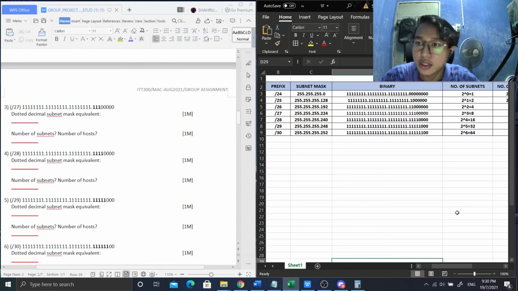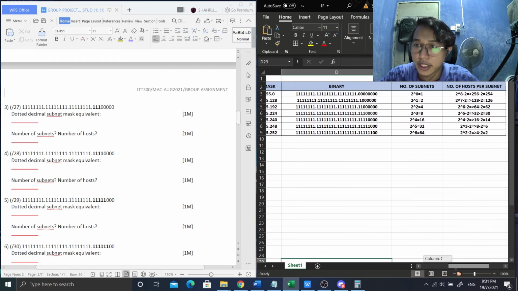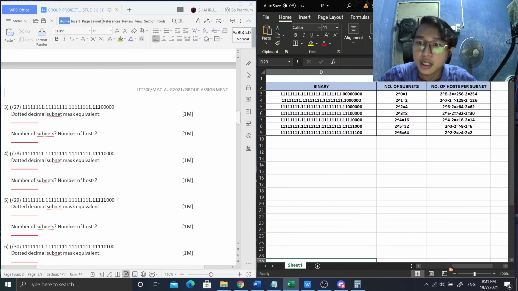So for the number of subnets, as we can see, we have 5 bits. So the answer is 2 power of 5 equals 32, and the number of hosts per subnet 2 power of 3, because we have only 3 0s, minus 2 implies 8 minus 2 equals 6.